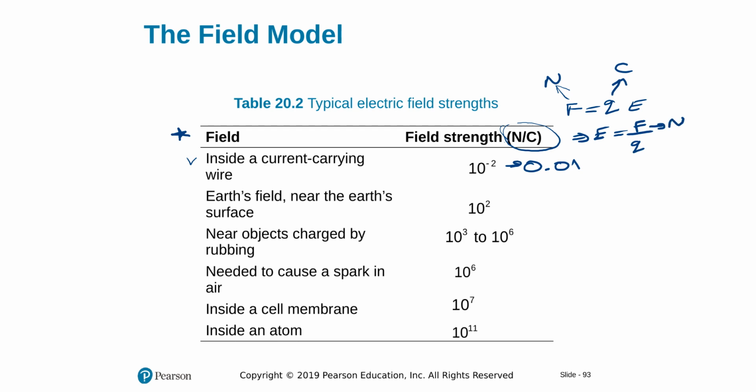And force is Newton, charge is Coulomb, so electric field will be Newton per Coulomb. Going back to values, around the Earth's surface we have 10 to 2 Newton per Coulomb. Near charged objects, 10 to 3, 10 to 6, and so on. You have a list here. You can go back to check if the answer you found to a question makes sense.